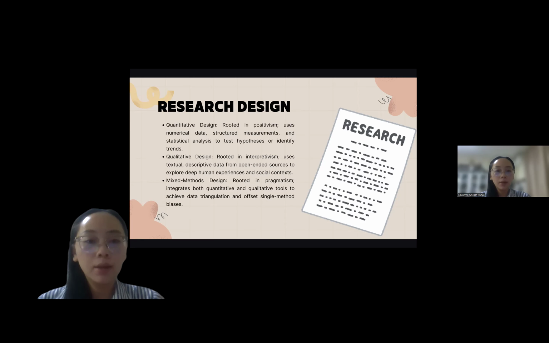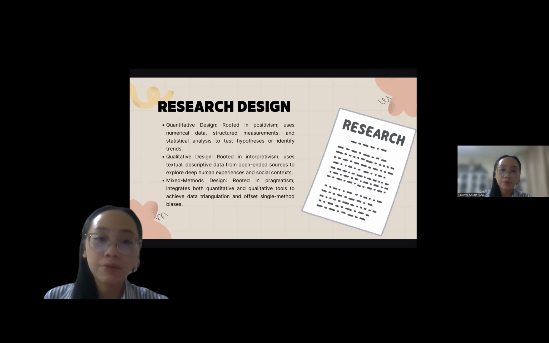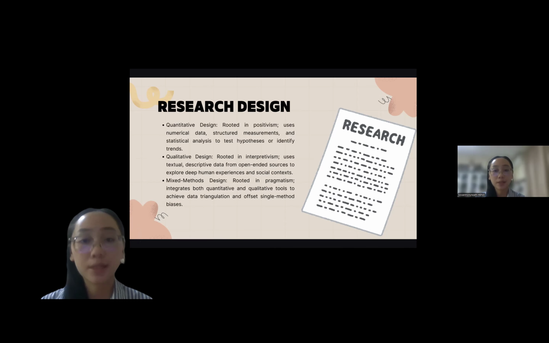That is the difference between qualitative and quantitative design. In some research, we also use mixed method design, combining both qualitative and quantitative tools to achieve results and offset single-method bias. It is critical for understanding both data and human experiences. That is the overall picture of research design.